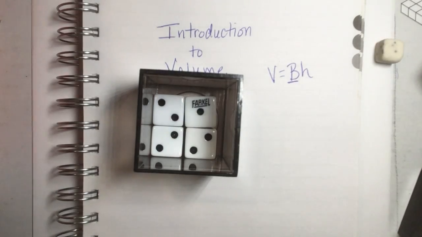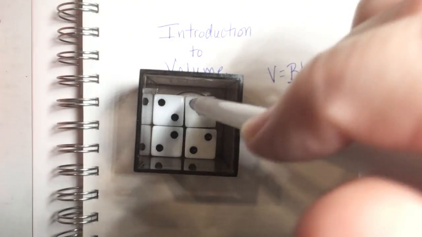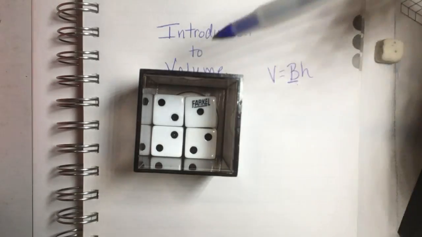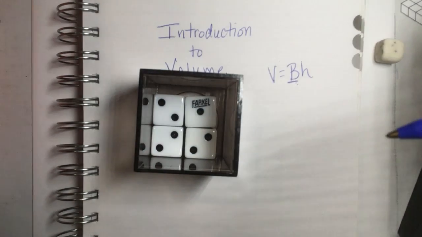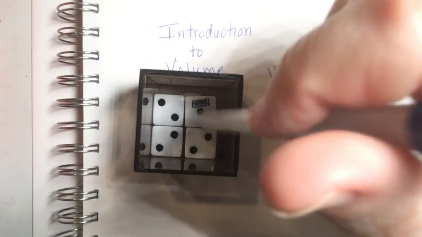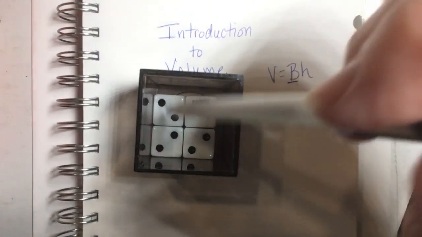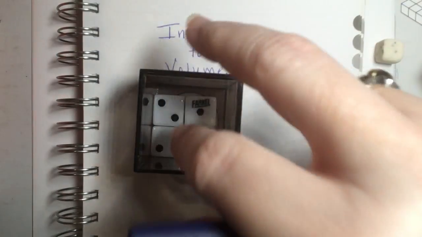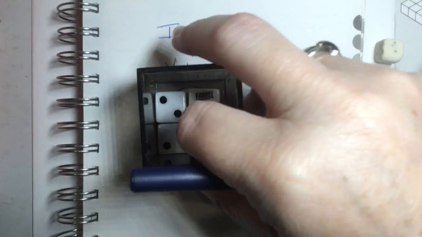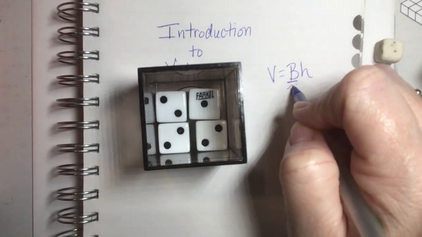And squares measure area. Now, the area of the base tells us how many cubes fit at the bottom of our shape. So if these filled up the whole shape, which they don't, it's just a little bit off, we would say that 4 cubes would fit at the bottom, because we know that the cubes have a depth of 1, right? So that's where we get the area of the base from.